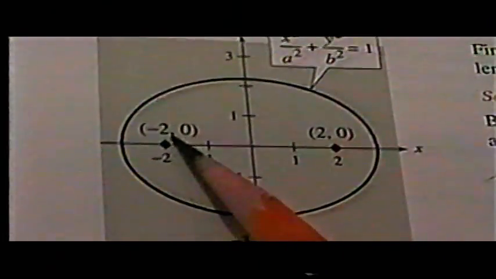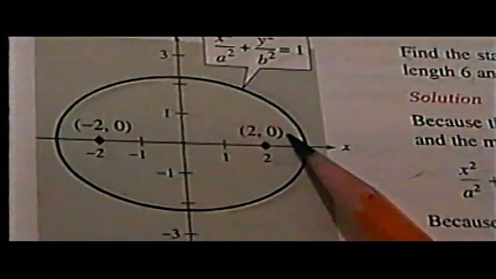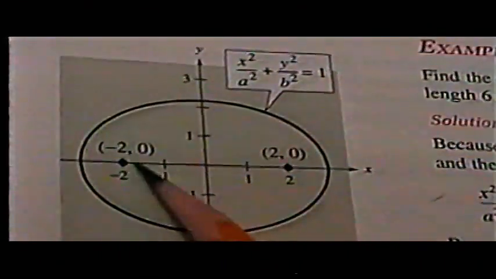So we use the formula c squared equals a squared minus b squared. We already know what c is. In this case, c would be equal to 2, because the foci are (-c, 0) and (c, 0) if the major axis is on the x-axis.